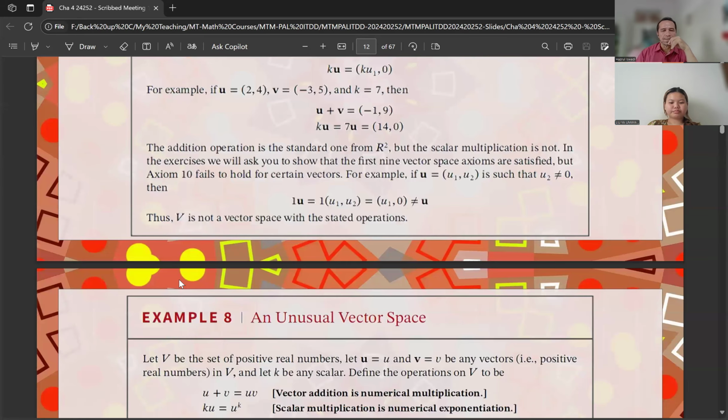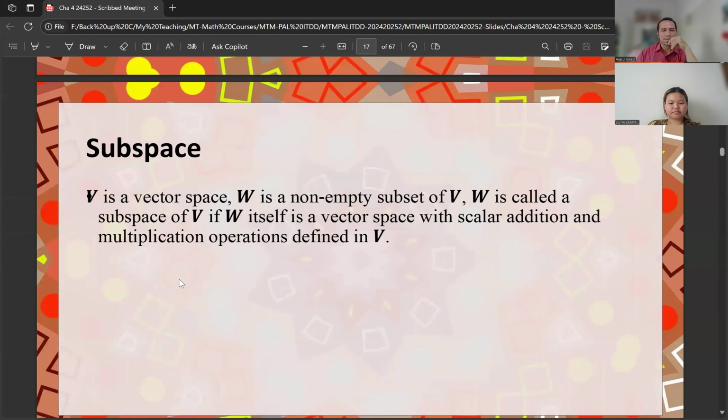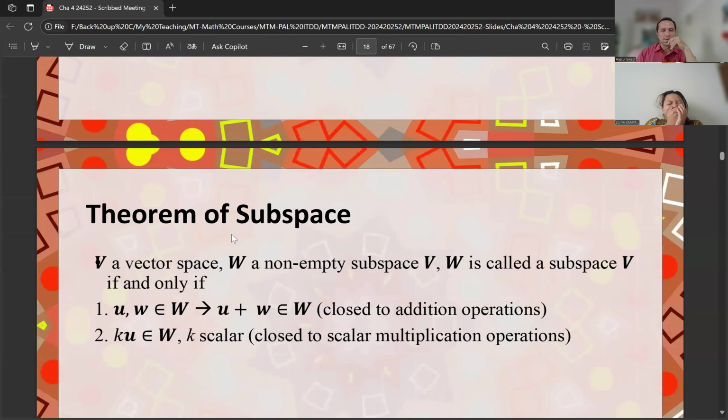After that, we talked about the subspace. What is a subspace? A subspace is a subset W of a set V, where V is a vector space, and W is also a vector space.